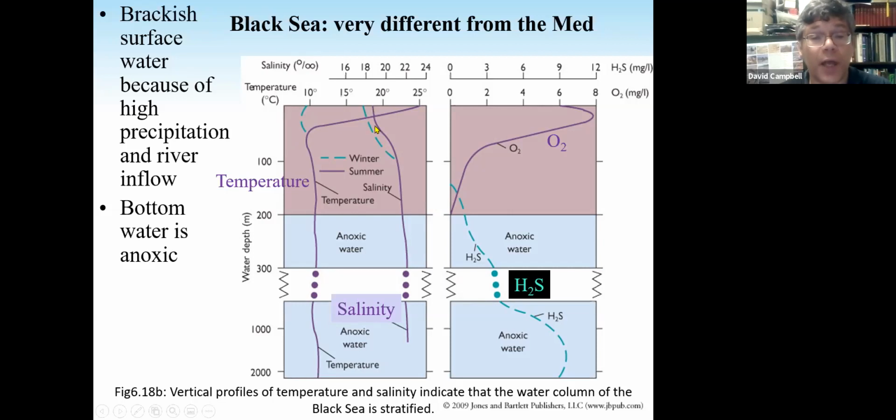And there is a permanent halocline. Fresher at the surface, saltier deeper down. And so as we go down, we go from a relatively high level of oxygen down to essentially 0. And then we have anoxic water, no oxygen deeper down.